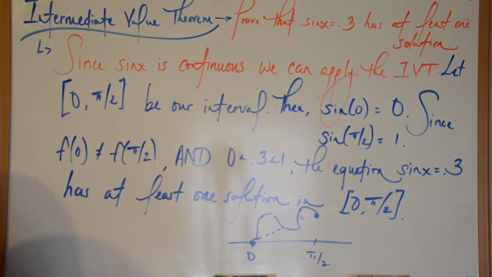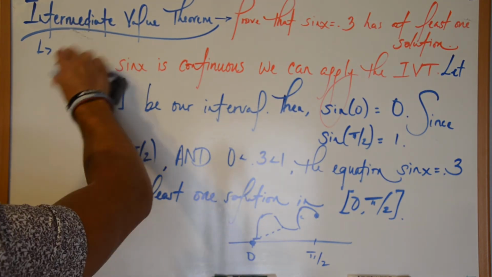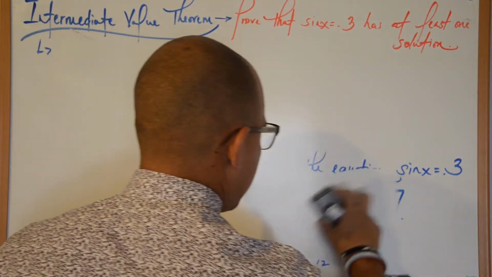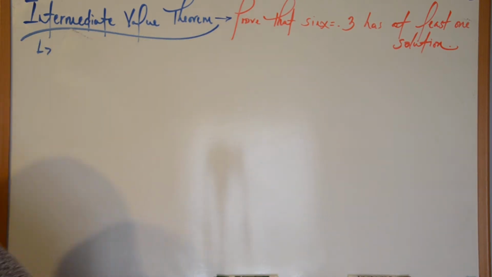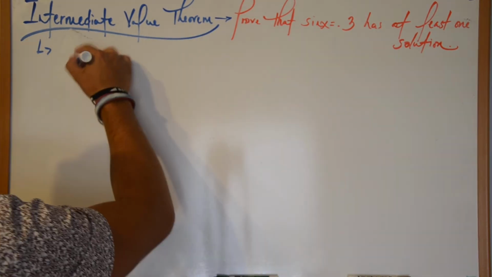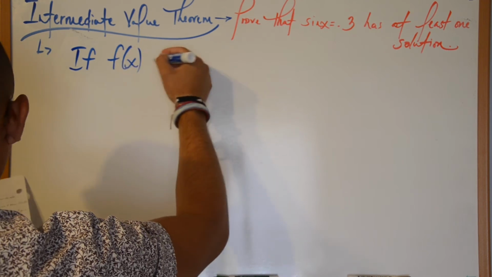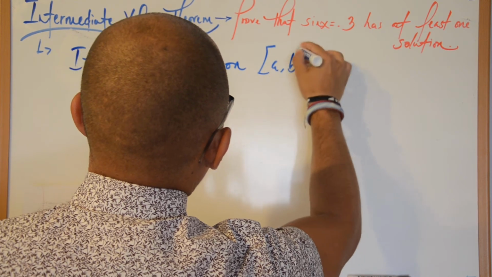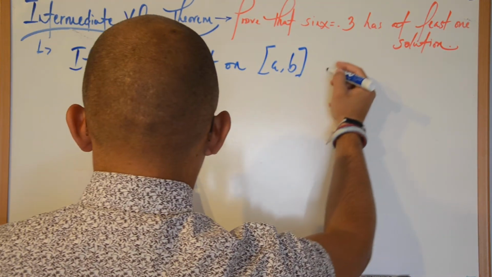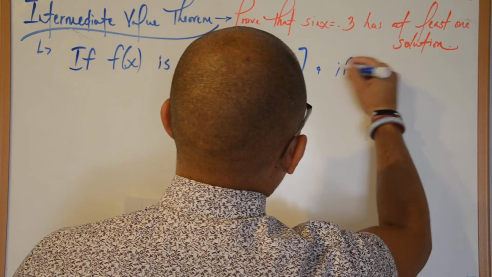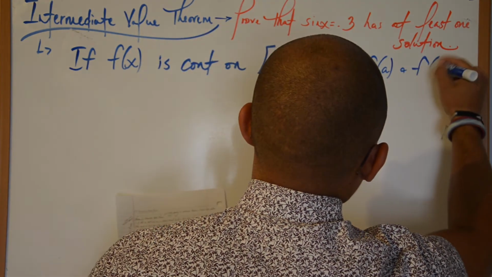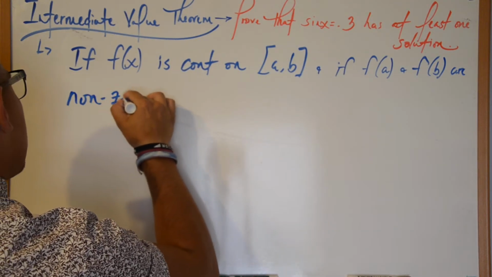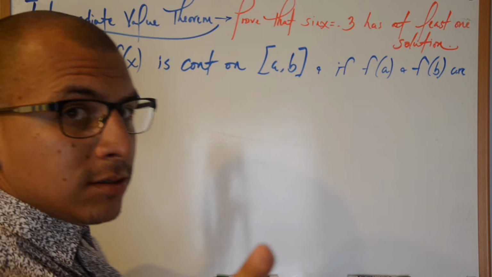Now, the corollary, or addendum, to the intermediate value theorem says that if f of x is continuous on a, b, so that's not changing, and if f of a and f of b are non-zero, that's key.